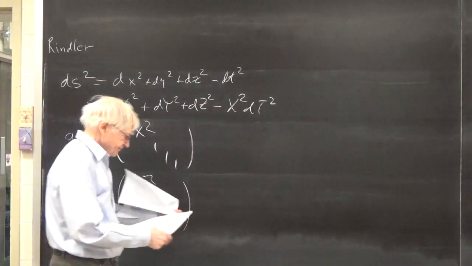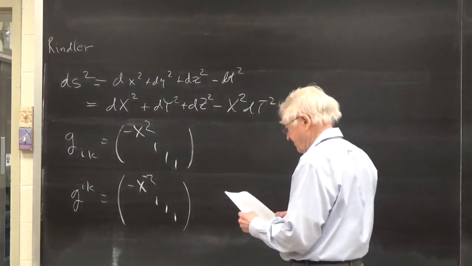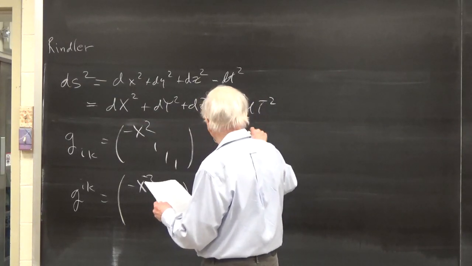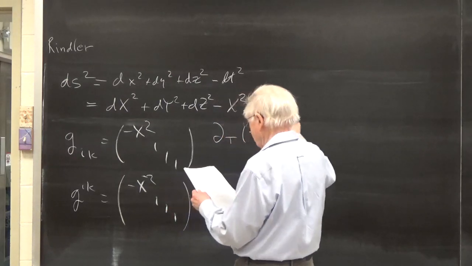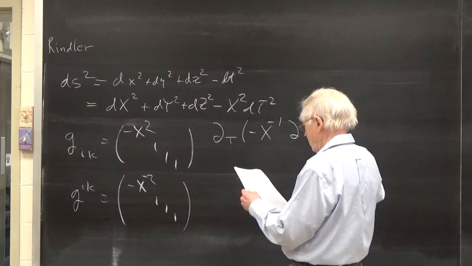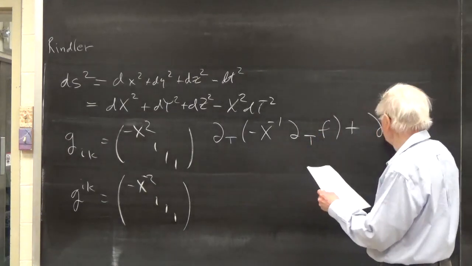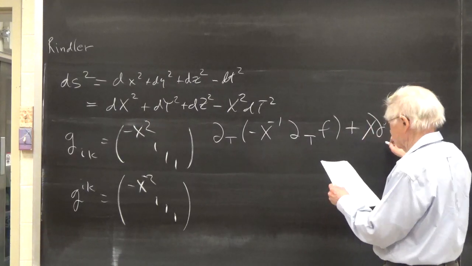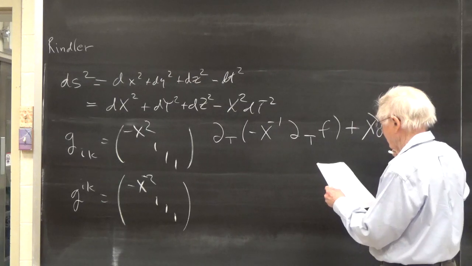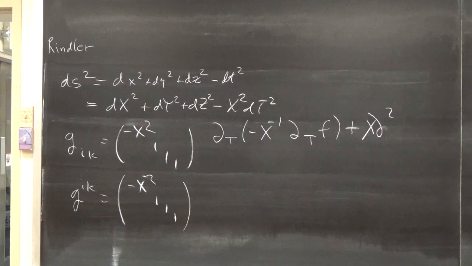One could also write down the field equation, and the field equation then is d by dt of minus x inverse d by dt of f plus, well, it's actually x d2. No, I'm making a mistake here. Hold on.